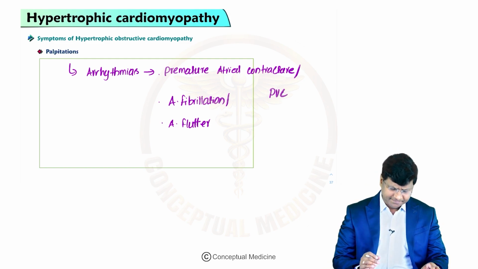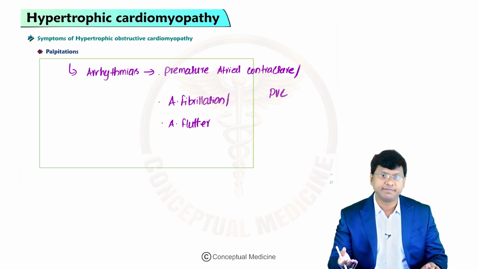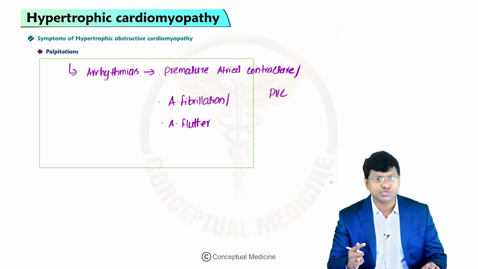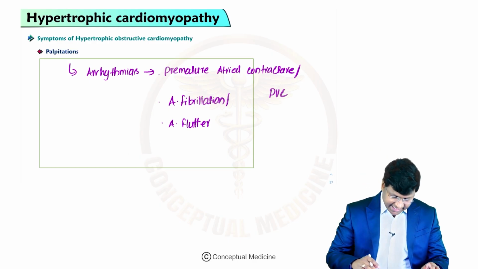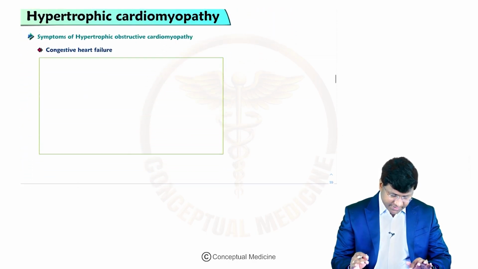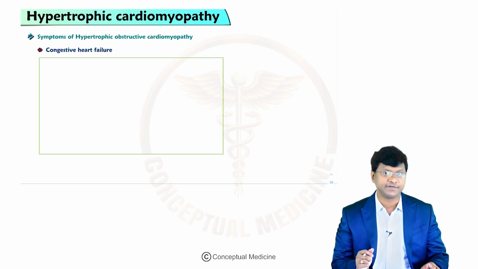I said dyspnea is the most common symptom. Before the development of dyspnea, they can also have the features of paroxysmal nocturnal dyspnea as well as orthopnea. Next, these patients also develop features of congestive heart failure.